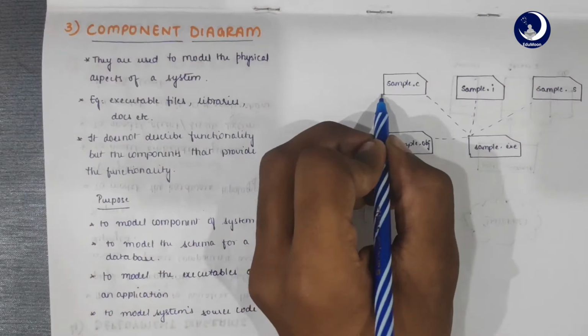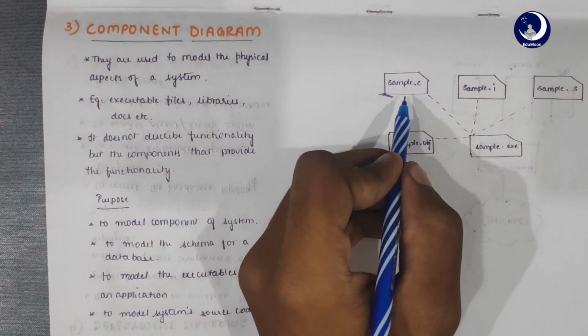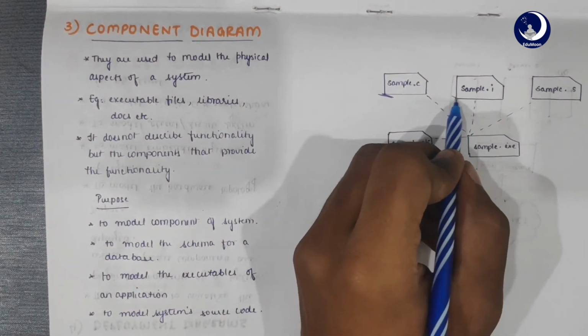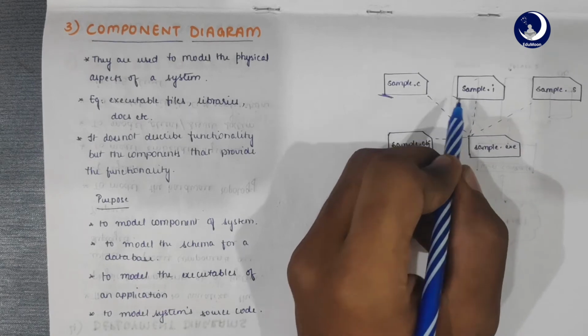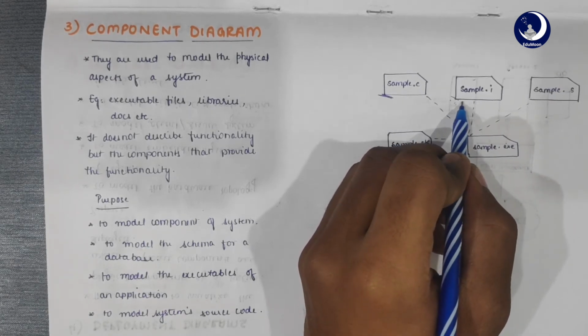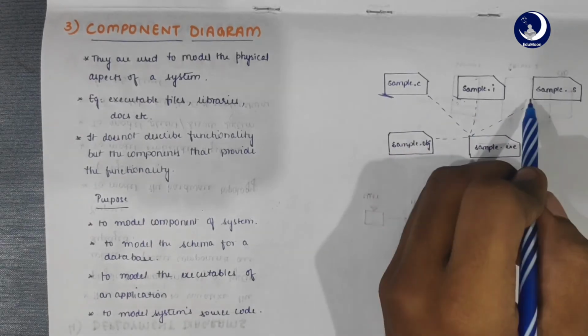Here we have a sample C program, that is a file which has the source code of C programming language with an extension of .c. This file on going into a preprocessor will give a sample.i file, which is also known as the expanded source code. And this expanded source code, on getting compiled by the compiler, will form an assembly language code.